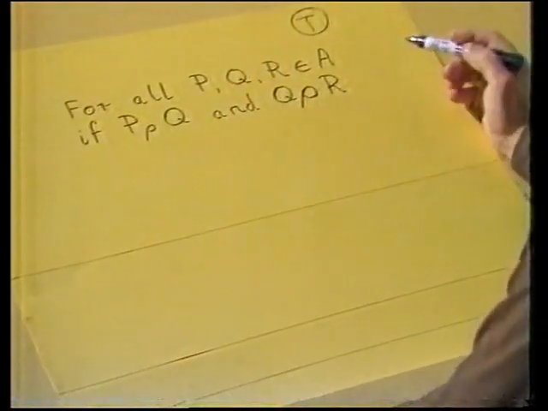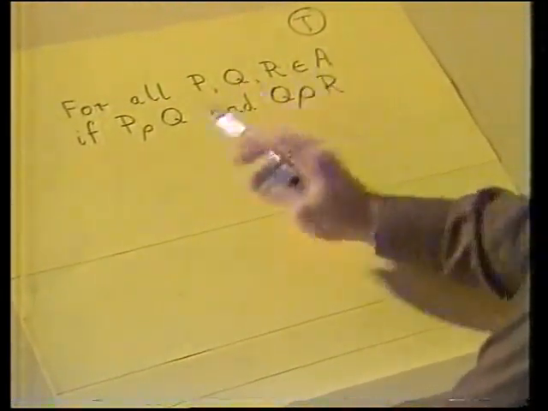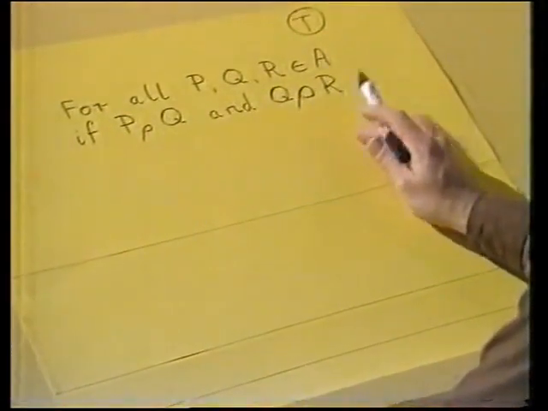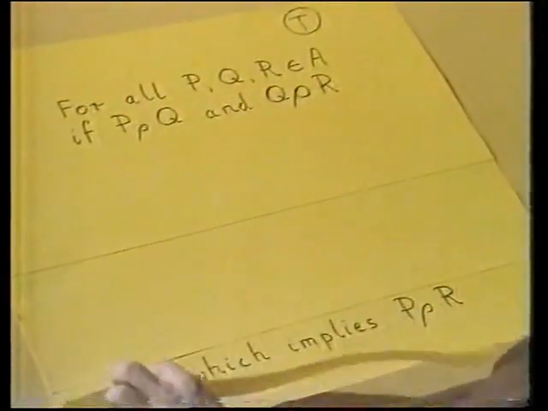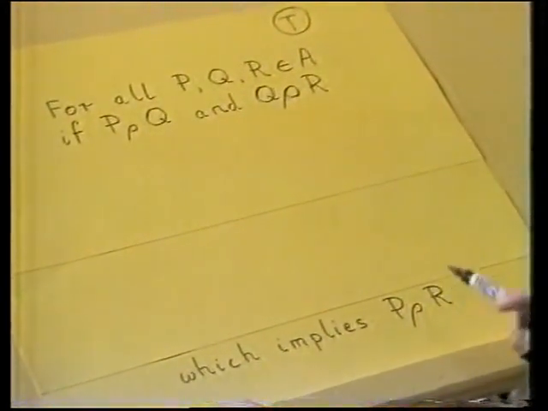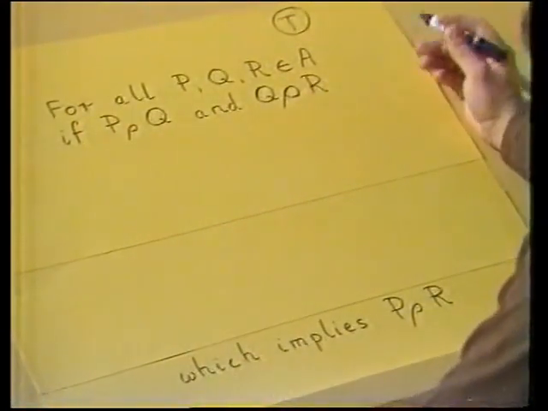Now I must start by saying: for all points P, Q and R in our set, if P is related to Q and Q is related to R. And I must end with the line which implies that P is related to R. Now again, to fill in the gap, I use the definition of the relation.